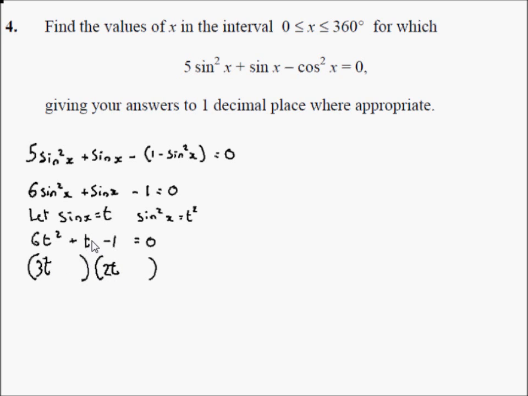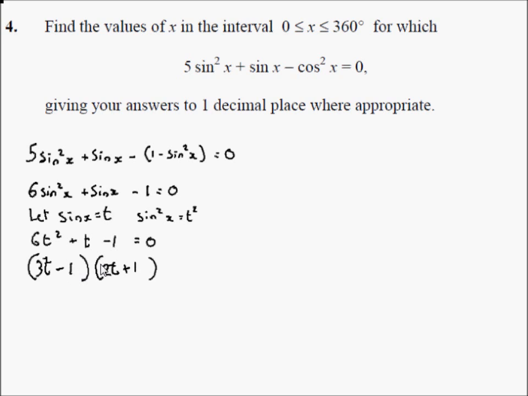Now, got a positive t, so you've got 1 and minus 1, because that's what makes the minus 1. 1 plus 1 times minus 1. Where does the plus 1 and minus 1 go? Plus 1 here, so you have plus 3t minus 2t.